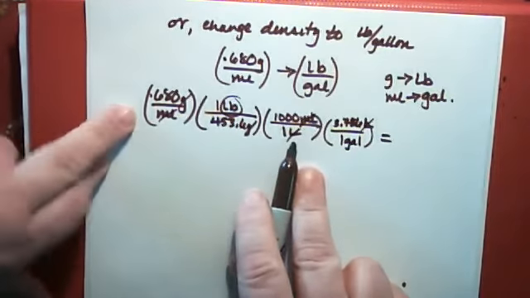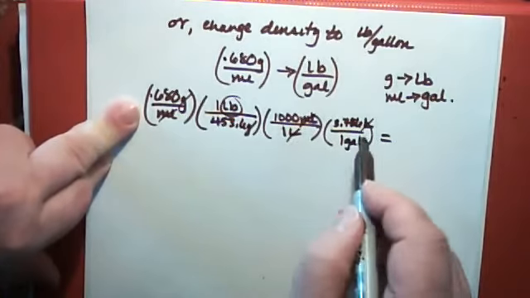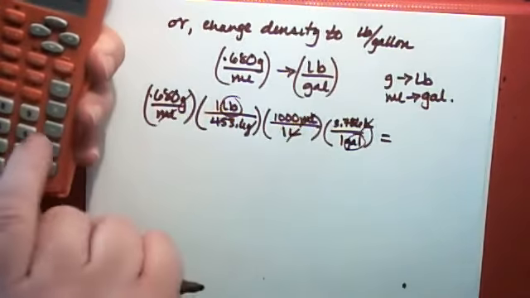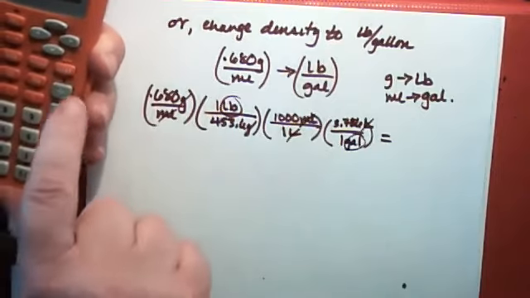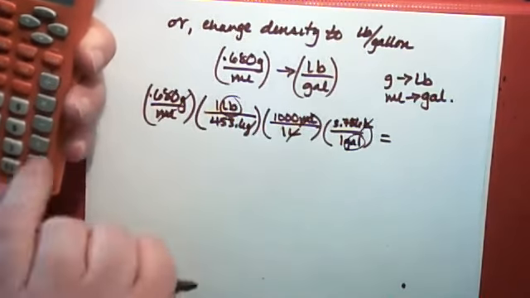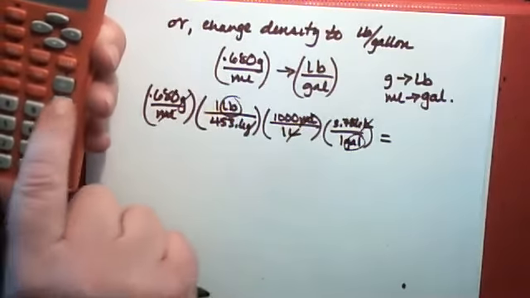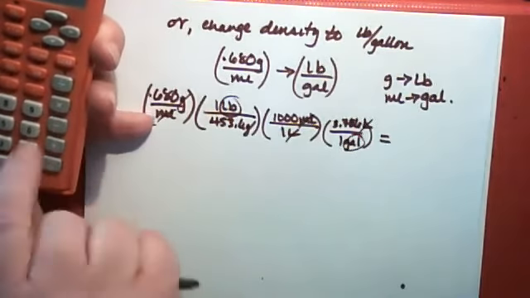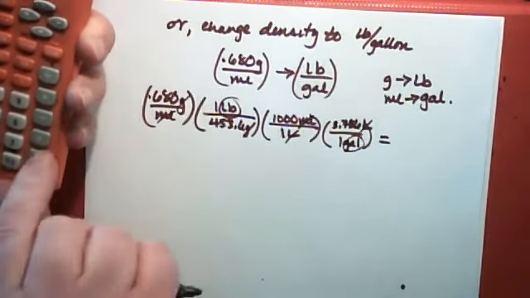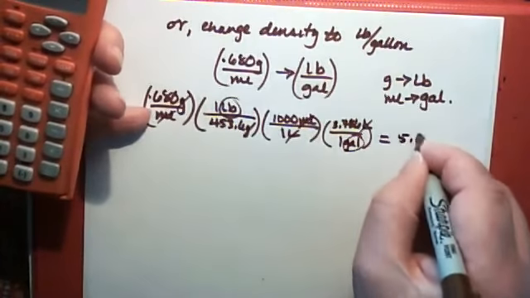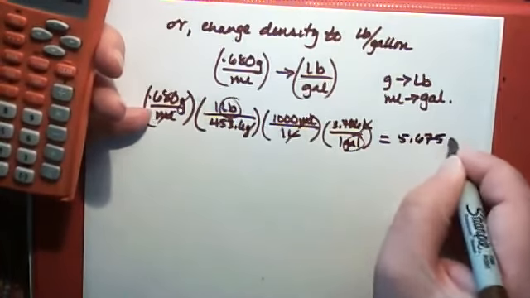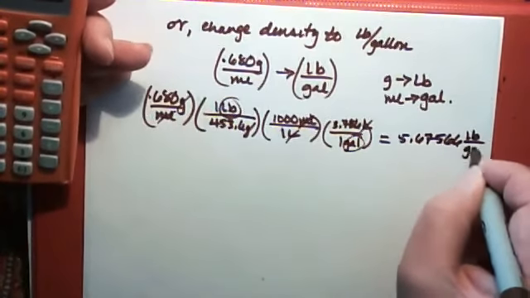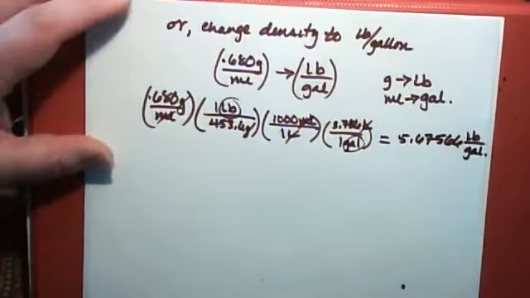Okay, so liters now cancel, and we end up with pounds per gallon if we multiply all that out. 0.68 divided by 453.6 times 1,000 times 3.786. And we get 5.67566. I'm going to cut it off there. Pounds per gallon for gasoline.